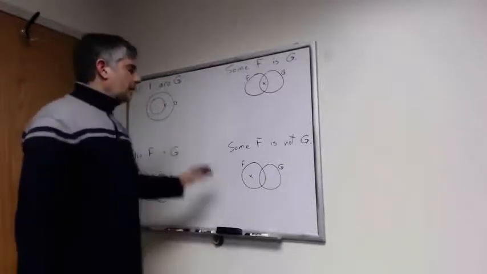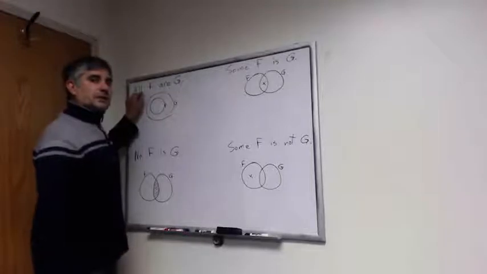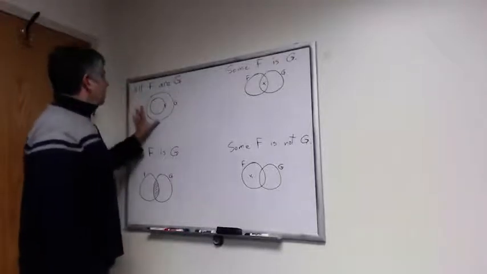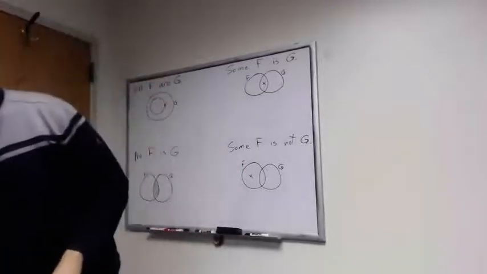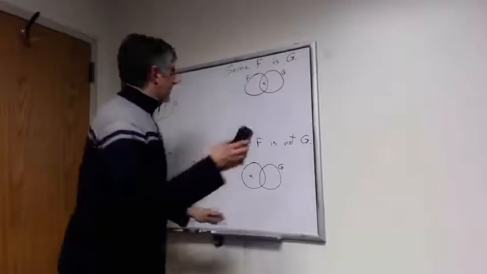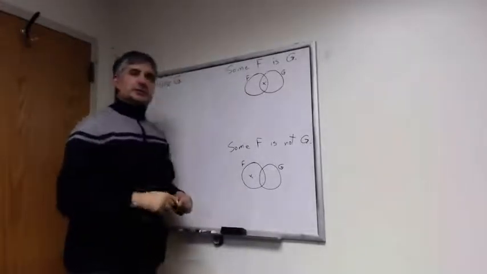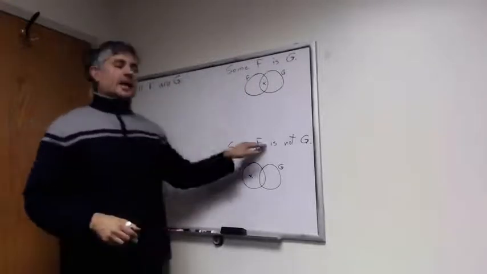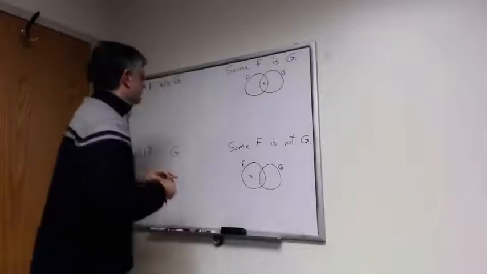And yet, the way we've done the Venn diagram for all F are G, it doesn't show that this claim is the negation of that claim. So we're going to change the Venn diagram for all F are G so that it indicates that all F are G is the negation of some F is not G. And here's how we're going to do it.